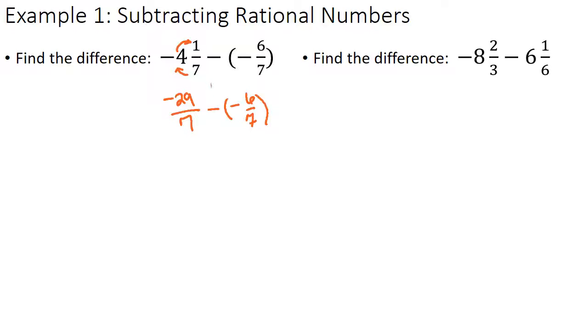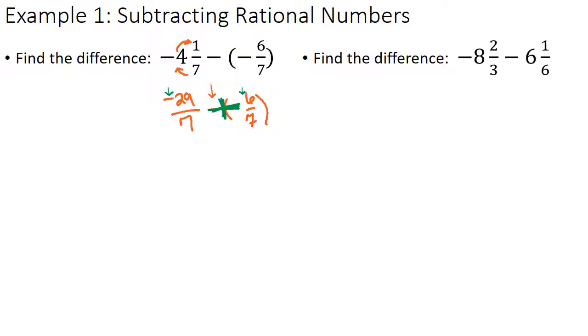Since we see a minus sign here, we want to change that to an addition problem. Since we have minus a negative, we can think of that as the same as adding a positive. So we can think of this as one big addition sign. Now I have negative 29 plus a positive 6. Because I'm adding integers, I'm using those integer rules.